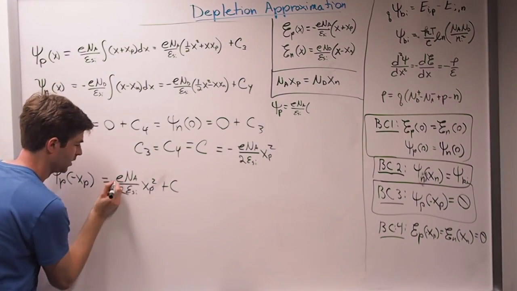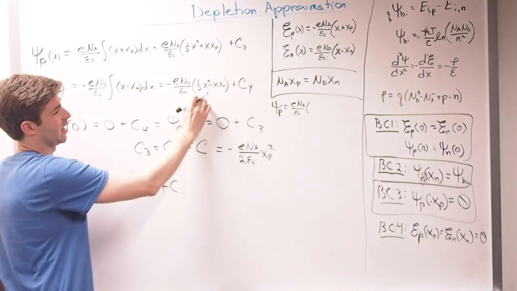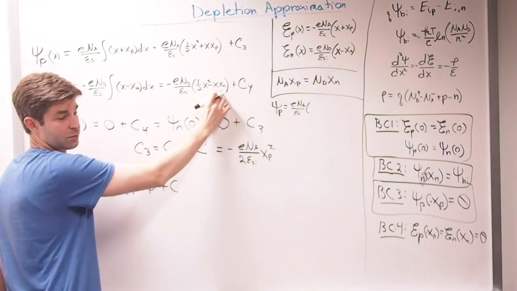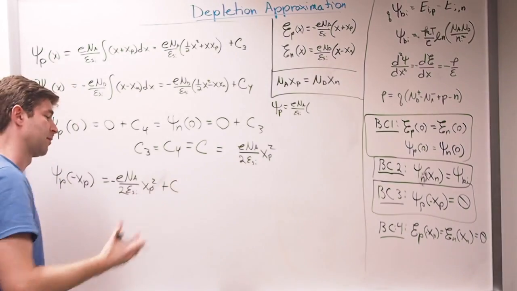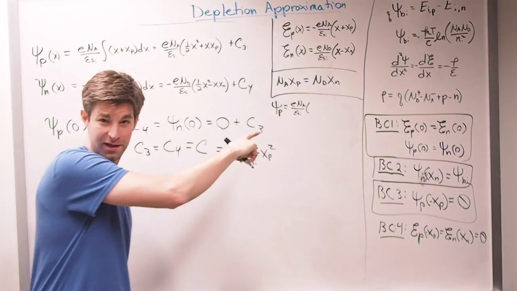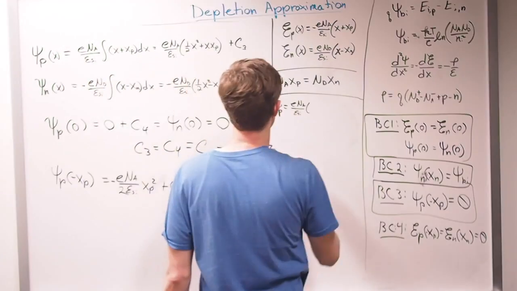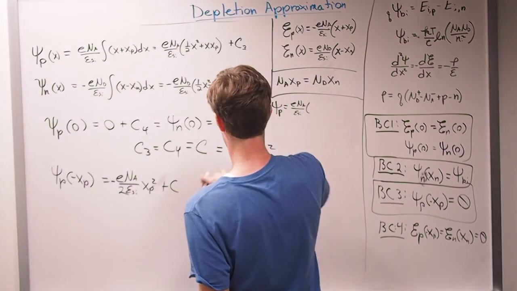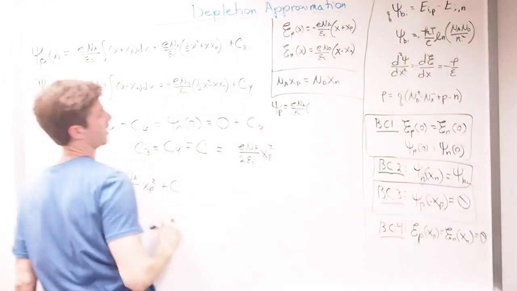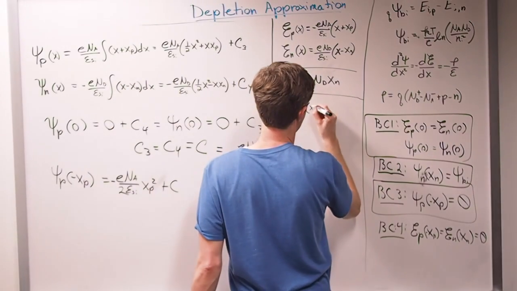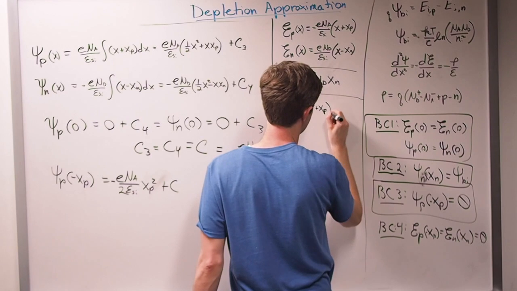Negative, I'm sorry. This should be a negative. 1/2 x sub p squared minus x sub p squared would be negative. So yeah, c is actually equal to positive. Okay, that makes more sense. So I find my expression for psi of p, and I plug this c into c3 right here, and what I get here is x plus x sub p squared.